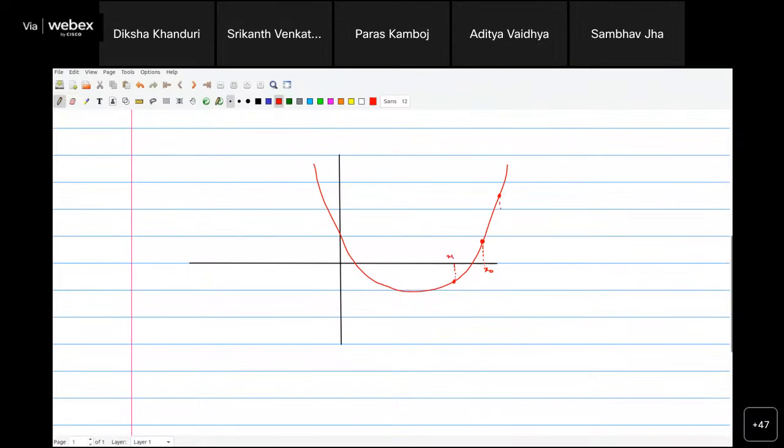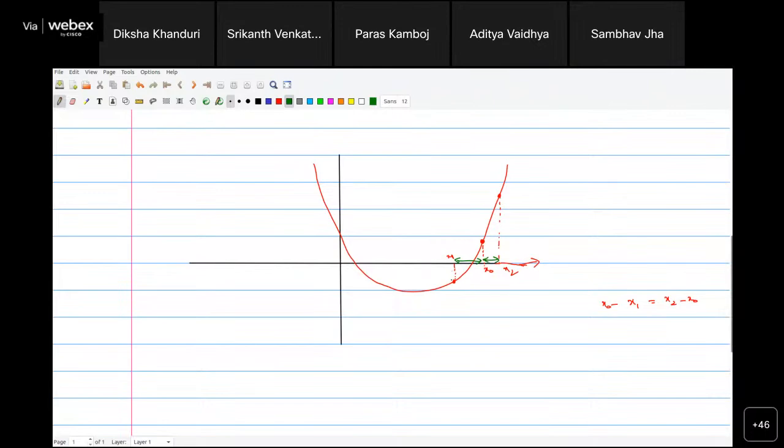So x1, x2. Equidistant means x naught minus x1 is equal to x2 minus x naught. So this particular distance is equal.